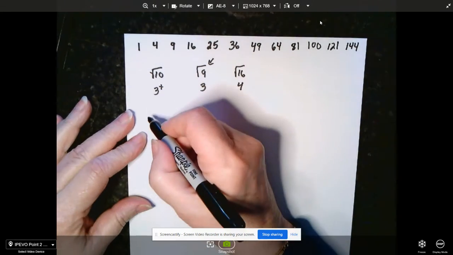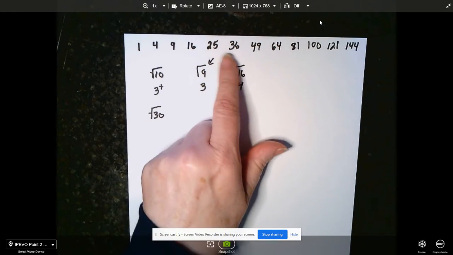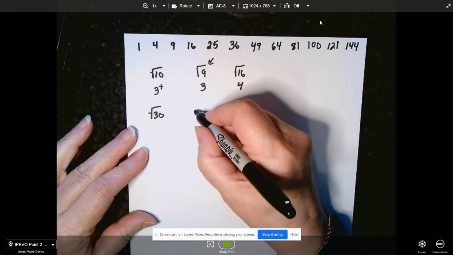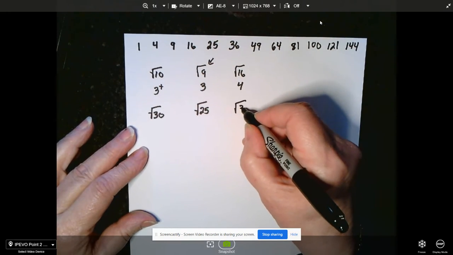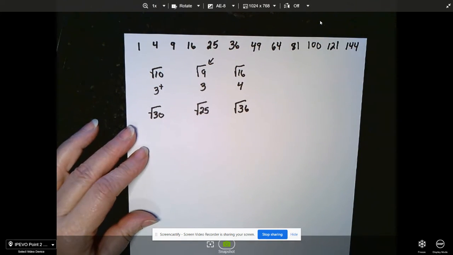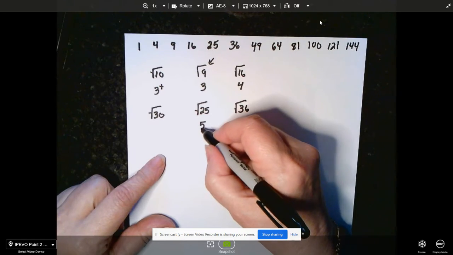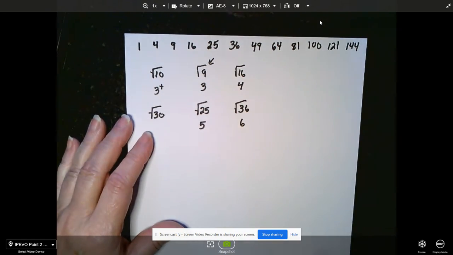Let's take a look at another one. Let's say I said the square root of 30. Well, 30 is going to be between 25 and 36. So I know the square root of 30 is going to be between the square root of 25 and the square root of 36. I know that the square root of 25 is 5, and the square root of 36 is 6.